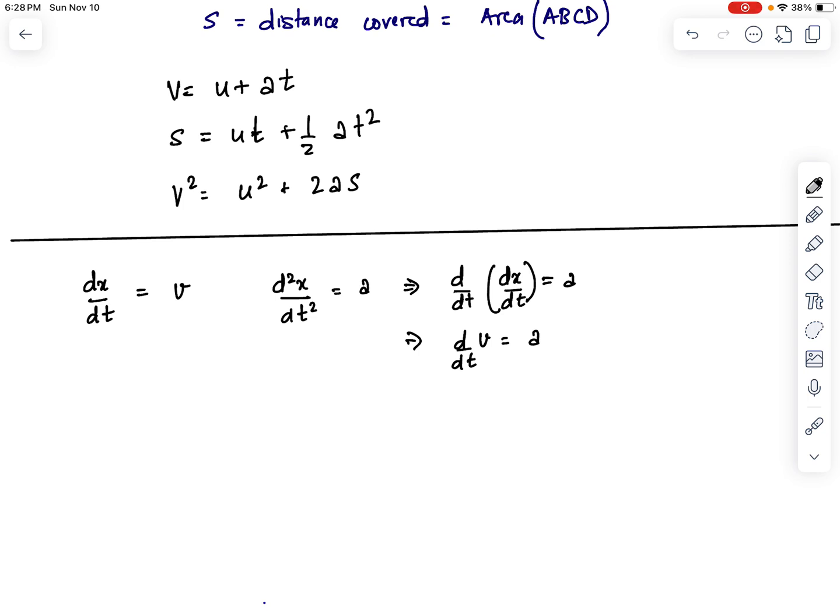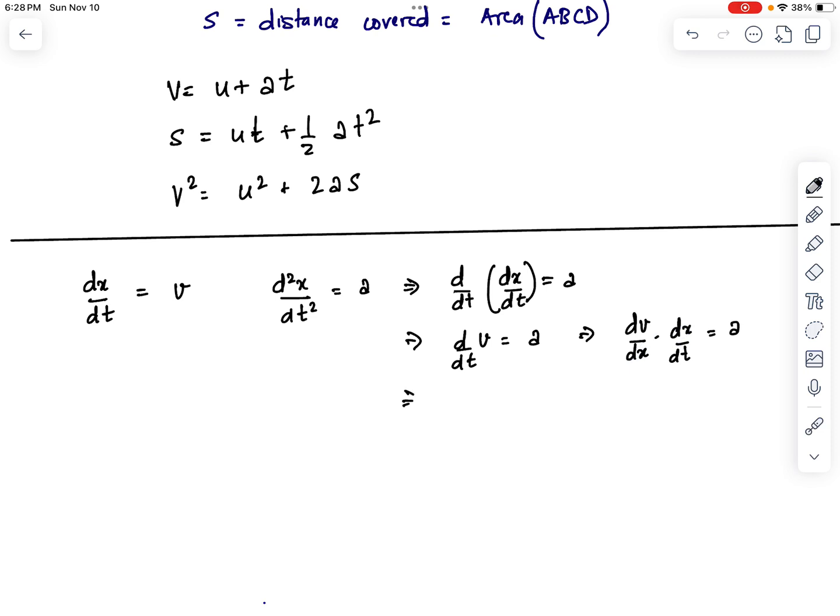Now we can use the chain rule. We can write dv/dx times dx/dt equals a, essentially, because the dx's cancel out and we get dv/dt.